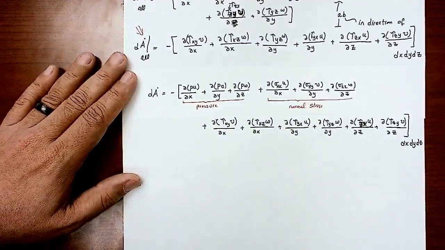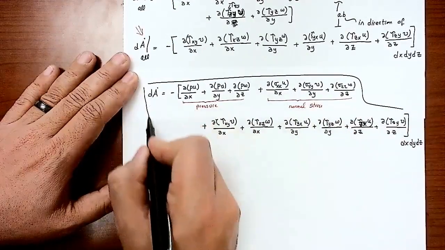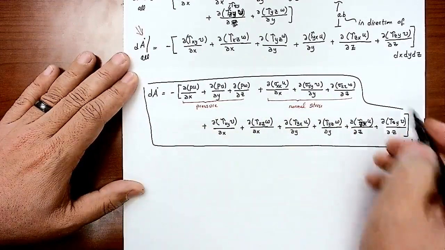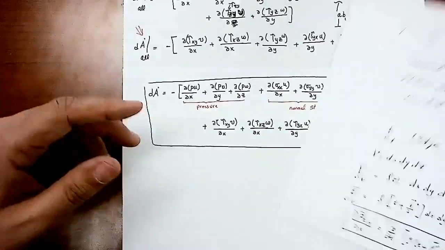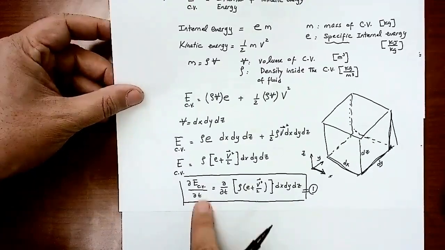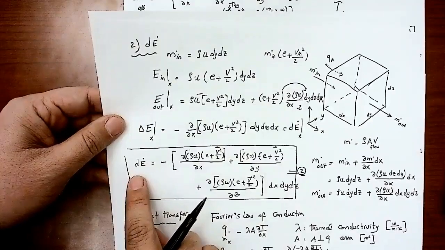And what number should this equation be? That should be number 4. Number 1 was the dE control volume by dt. Number 2 was the dE dot.